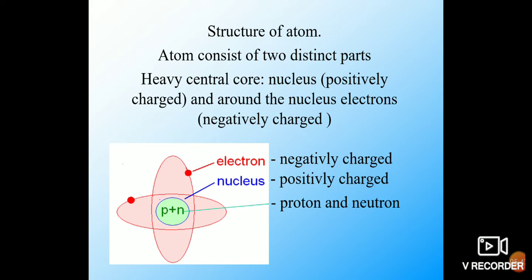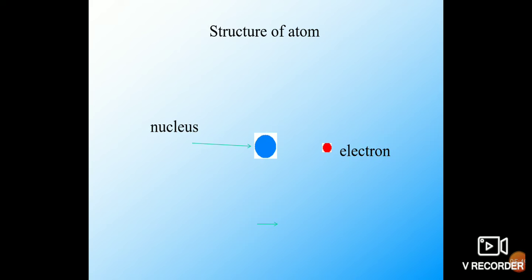Okay, now see here how the electrons are revolving around the nucleus. So this is the picture. Suppose the blue colored circle that is here, that is supposed as a nucleus, and red color is supposed as an electron.